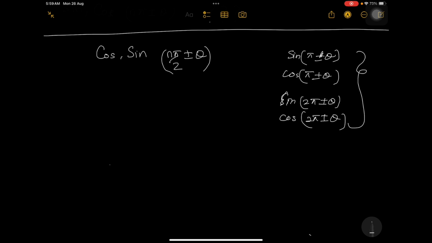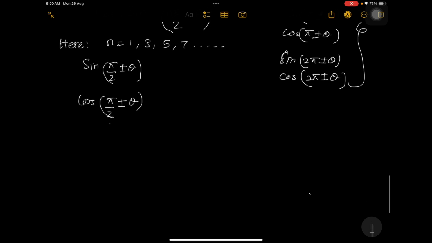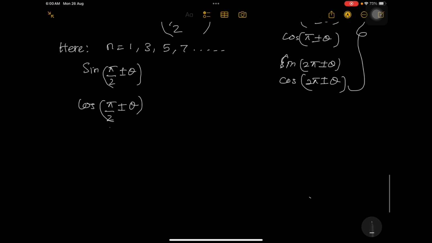So here n is going to be 1, 3, 5, 7, and so on. So let's say sine pi by 2 plus or minus theta, cos pi by 2 plus or minus theta. These values we are going to find, and also 3 pi by 2, 5 pi by 2, in that format.